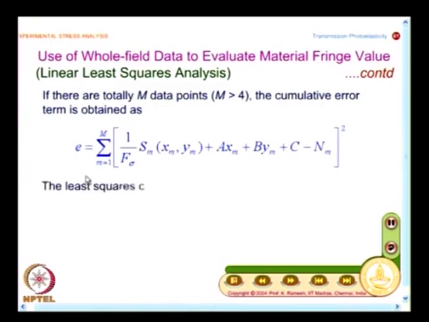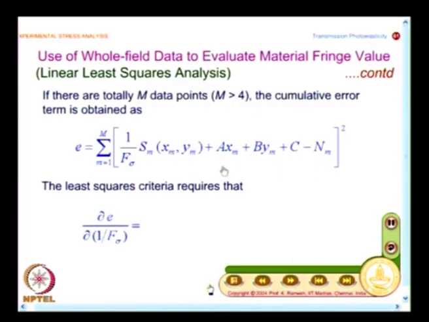So, I write the error equation, and the error equation is nothing but I have this analytical expression. What I have said is this is from your analytical expression, this is the residual birefringence we have assumed, and this is the fringe order experimentally measured at the point of interest.